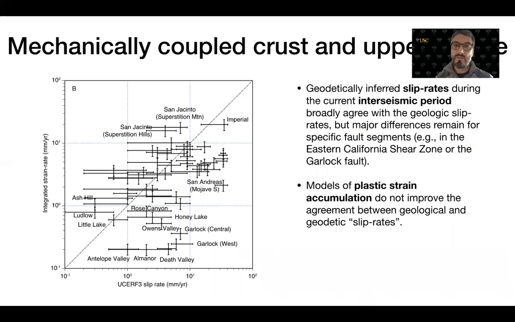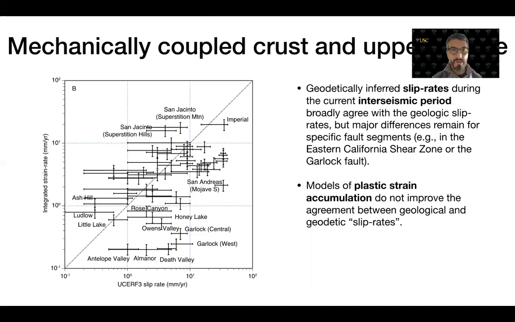So we can continue exploring the relationship between mantle flow and crustal deformation by comparing the long-term slip rates on major faults with the integrated strain rates immediately underneath in the mantle.